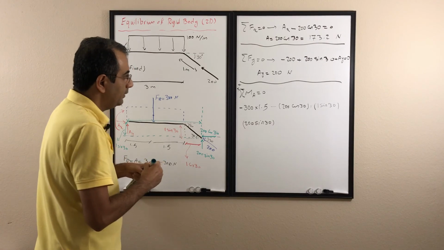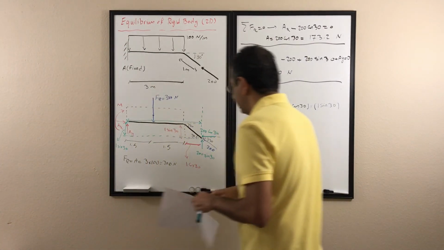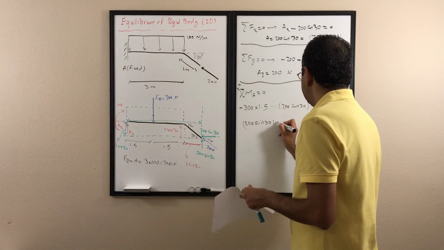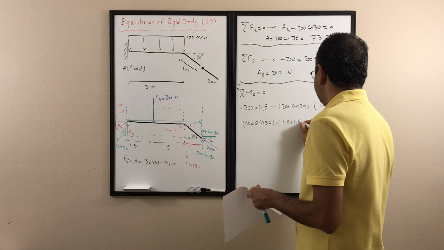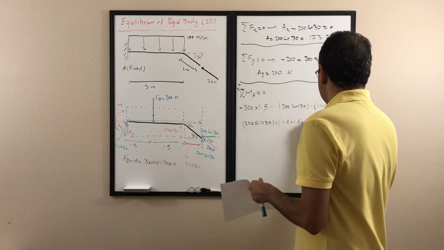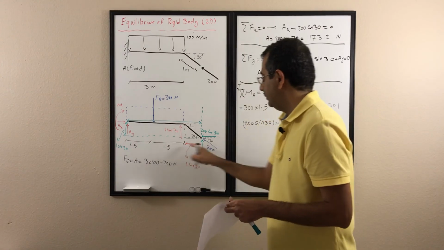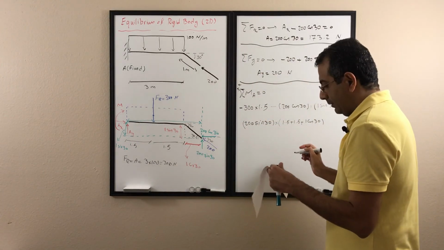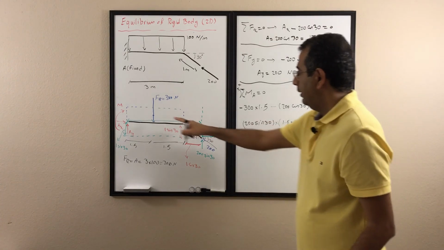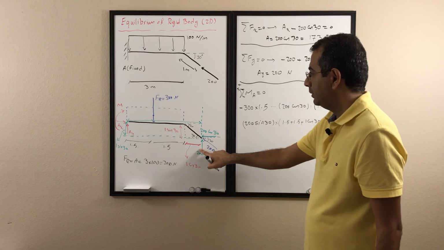So if I want to write it, it's going to be times 1.5 plus 1.5 plus 1 cosine 30. So that's the total distance from here to here. I write this for this force, this for this force, and this for this force.